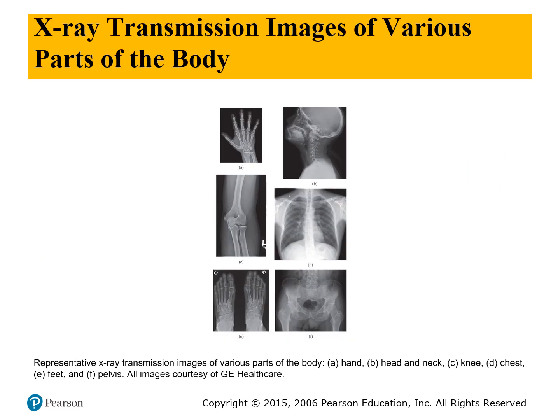So you've seen a lot of these images. Those are representative X-ray transmission images of various parts. This is the hand, the neck, knee, chest, feet, and pelvis. You can see that it's all about absorption, which is attenuation.